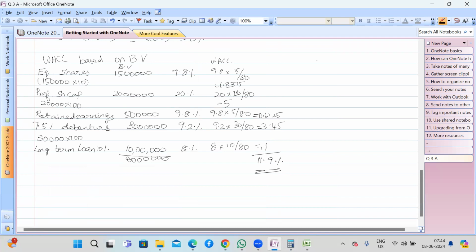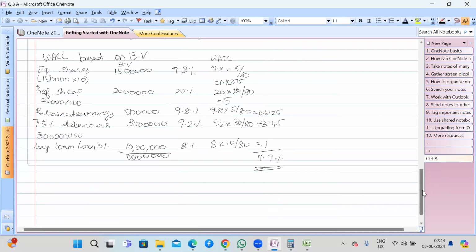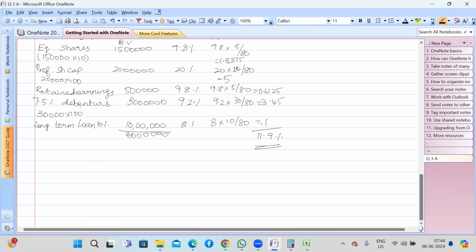Now I want to calculate the same thing based on market value. For book value, I am multiplying the number of shares or debentures with face value. For market value, I want to multiply with market value.